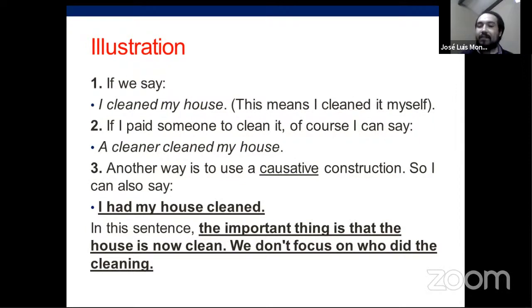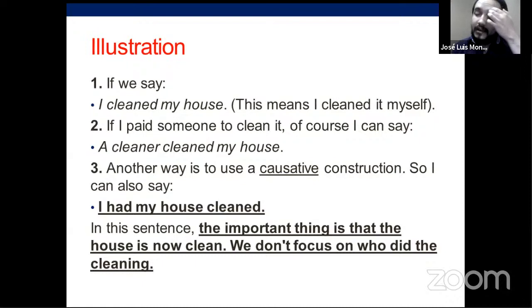The first one, I cleaned my house, active. Who cleaned your house? You did it. Number 2, a cleaner cleaned my house. What does it mean? It means that someone else, a cleaner, cleaned the house for you.